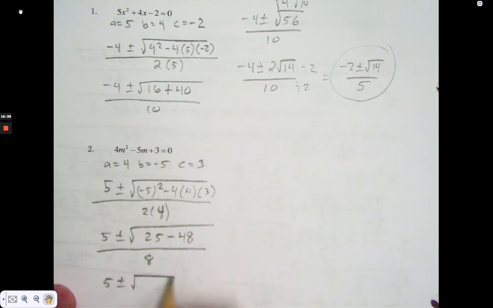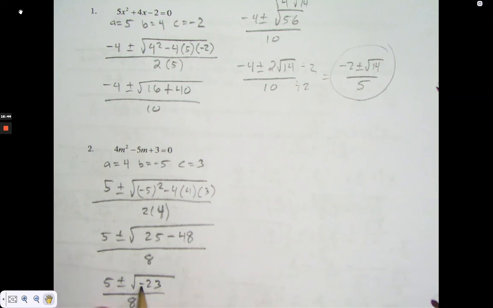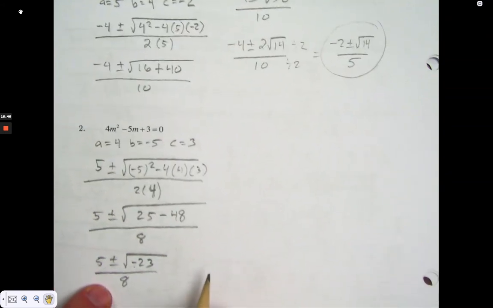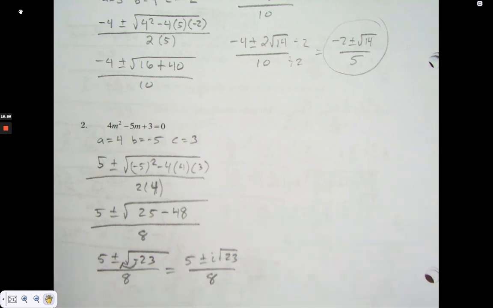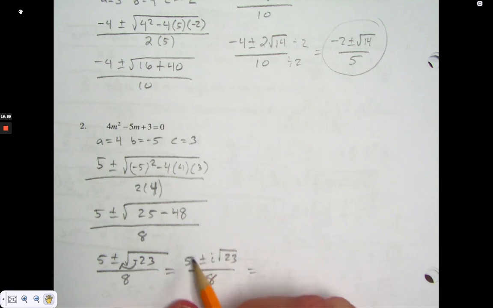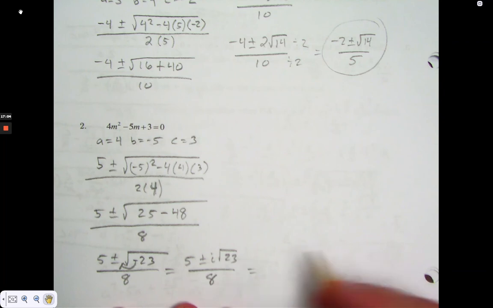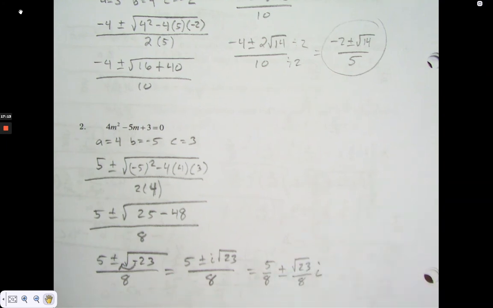That's 5 plus or minus the square root of negative 23 over 8. As soon as we see a negative, we know we're dealing with imaginary numbers. So we pull that i out in front, and that's 5 plus or minus i root 23 over 8. We said we want to write these as the complex number that has the real part and then the imaginary part. So that would be 5 over 8 plus or minus the square root of 23 over 8 i.